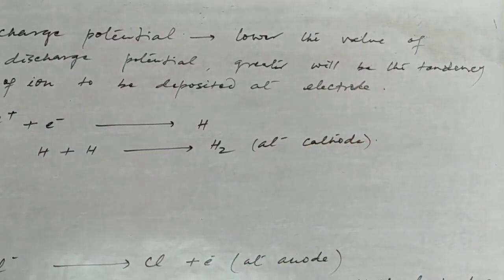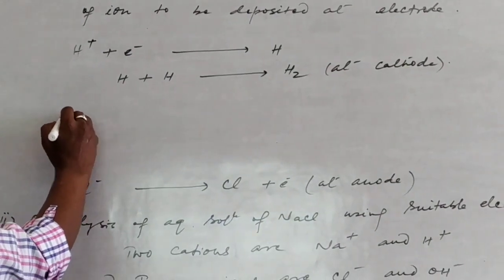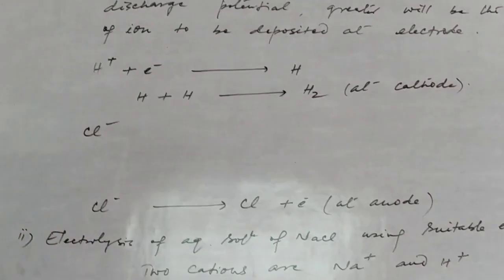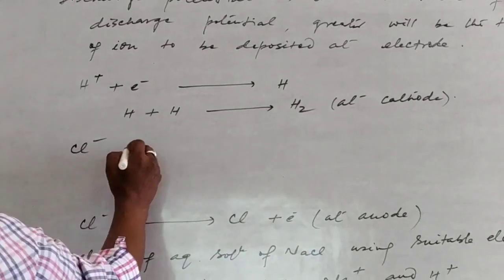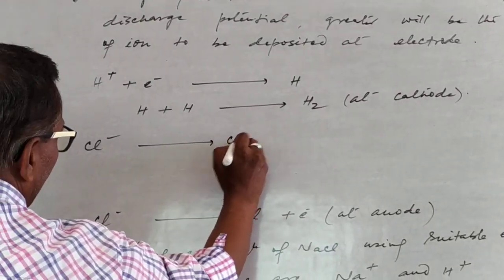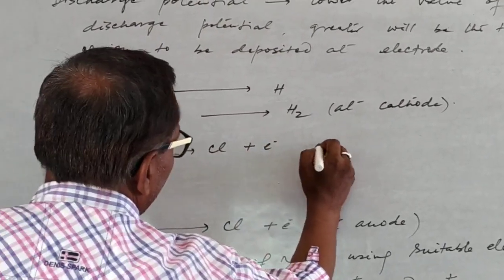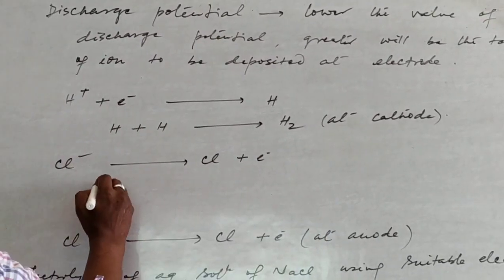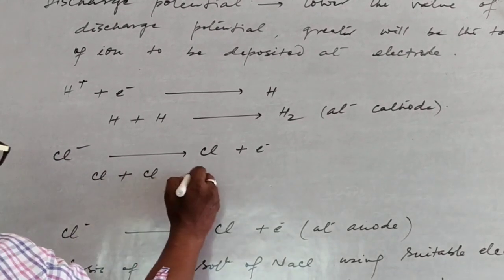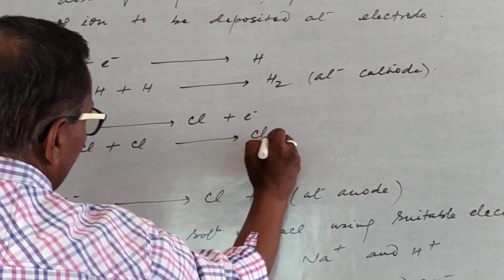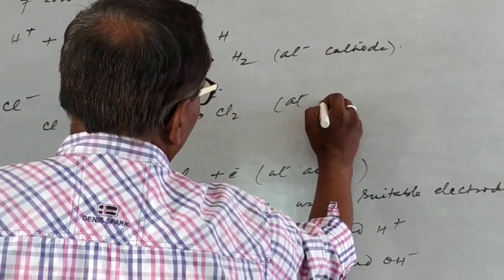Similarly, here Cl- has lower discharge potential and it can be collected at anode by losing one electron, and this Cl again combines with another Cl to form a stable chlorine molecule at anode.